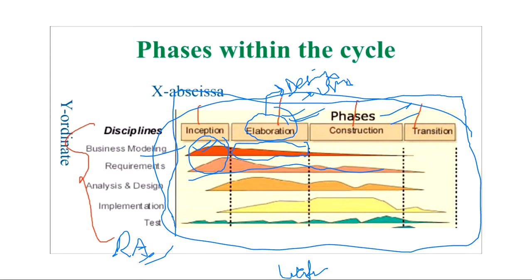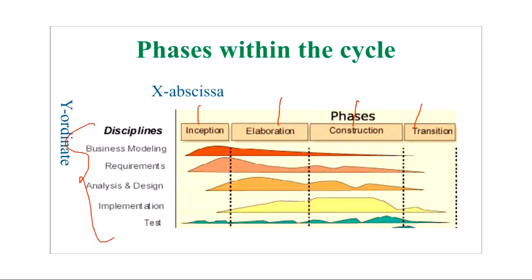What do you think, suppose this requirements phase, in the waterfall model? Will it be something like this and then flat, or somewhat like what is represented here in the unified process model?